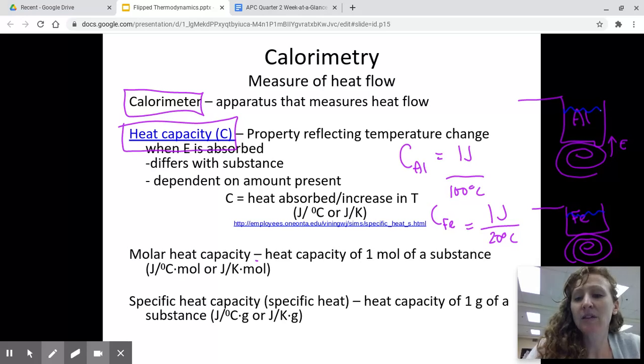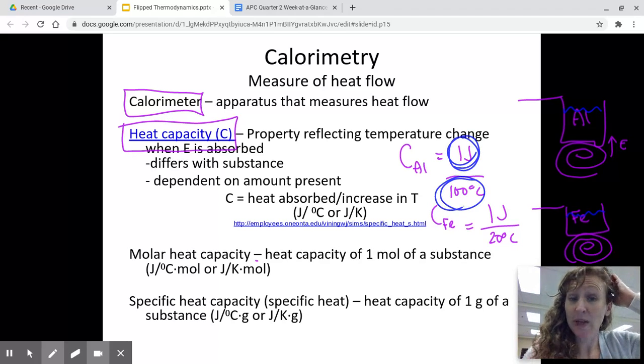That same amount of energy is not going to change the system's temperature as quickly, right? So different things, different metals, different substances are going to have a different heat capacity. So you have to know the substance that you're dealing with in order to measure heat flow in or out of that substance.